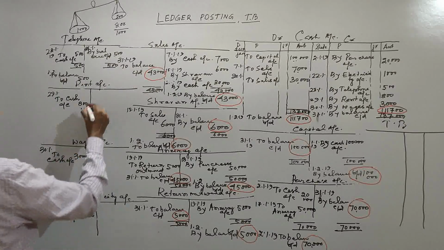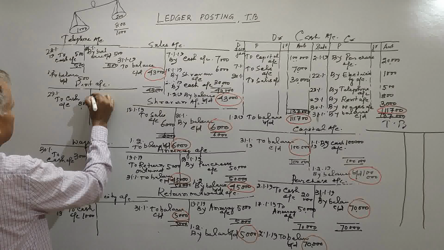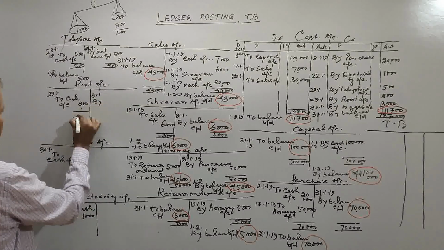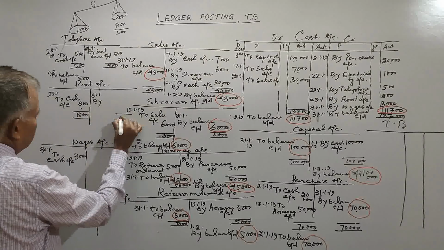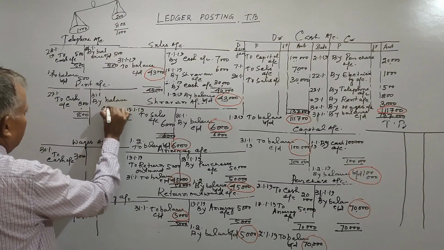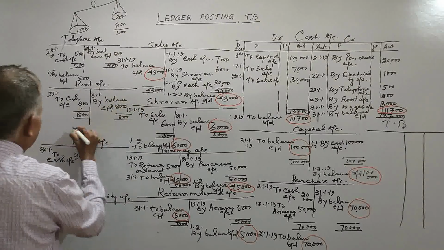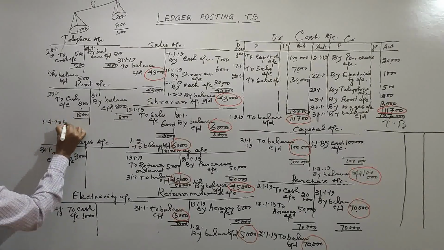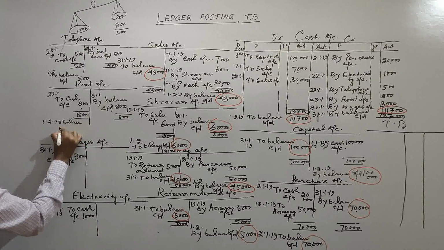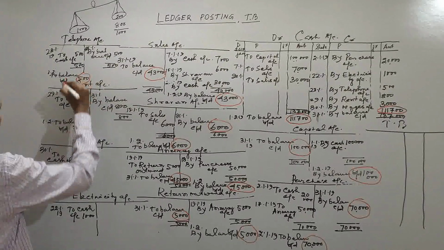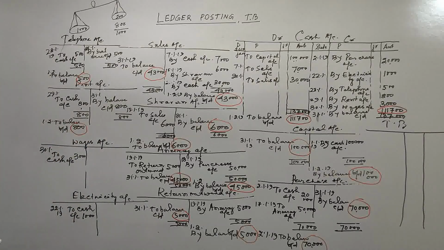Rent, so this is your rent account, 31 by here debit is higher, this is 800, balance CD 800. Here also 1/2 to balance BD, this is also 800.